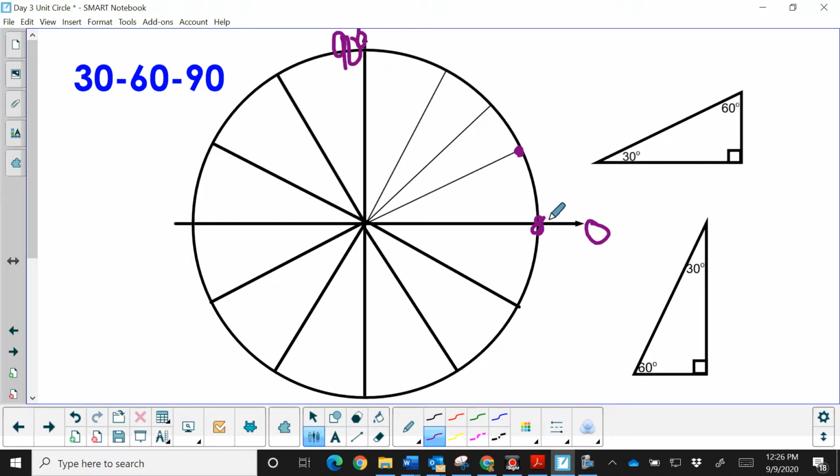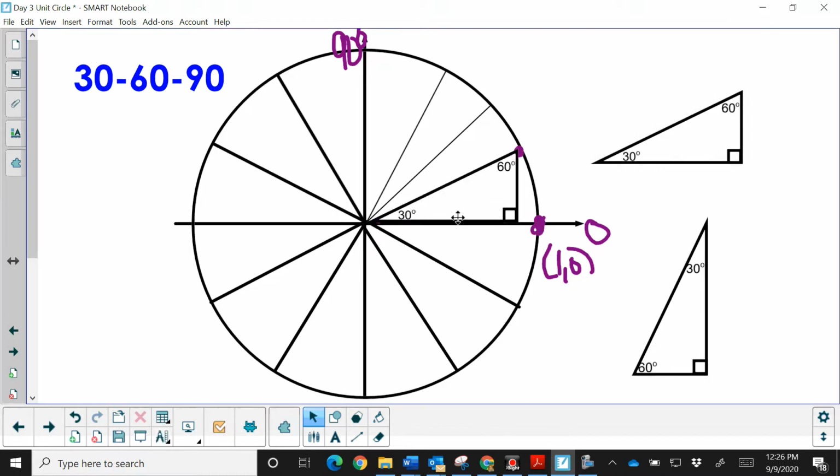So this position has the ordered pair 1, 0, because this length is 1 and we're up and down 0. Now for the 30-degree angle, this angle right here, to get to this position, I have gone out and then up. So how far did I go out?